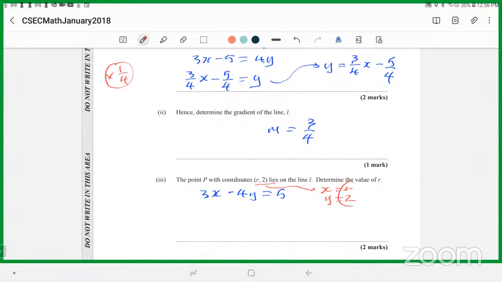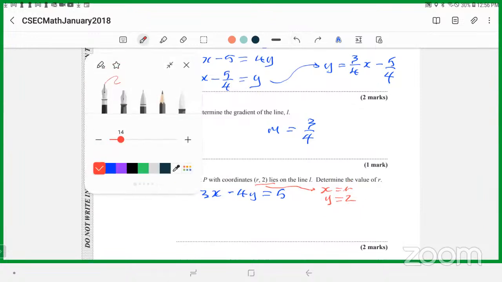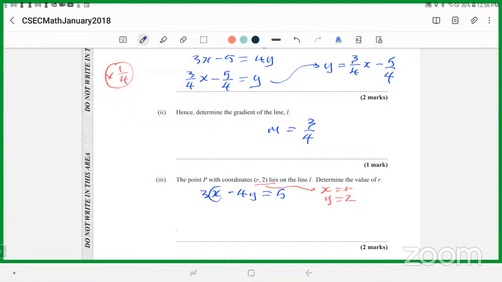So I can plug these into the equation and work out what the r value is. So I'm going to get 3 times the x value, where the x value is r, so 3r minus 4 times the y value, but the y value is 2.